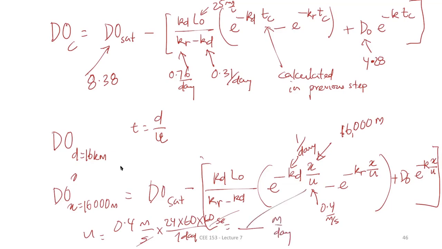You have to substitute that here. You can't substitute 0.4 meter per second because this term is in 1 per day. You always have to look for the right units. All right, so that's how you can solve it.